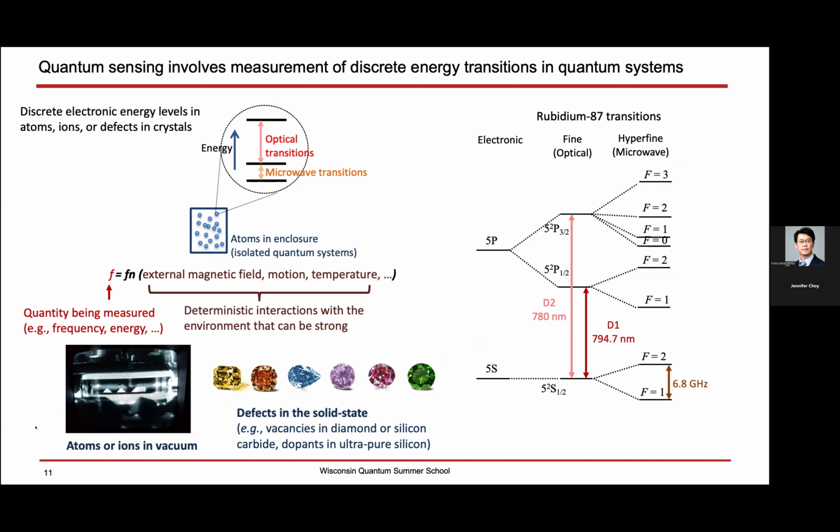Okay, so what we need in order to do these quantum sensing measurements is discrete electronic transitions, which you can get in atoms and also these artificial atoms. What I'm showing here on the right is one example of these electronic transitions. What you see are optical transitions, and these are derived from what I call fine interactions.